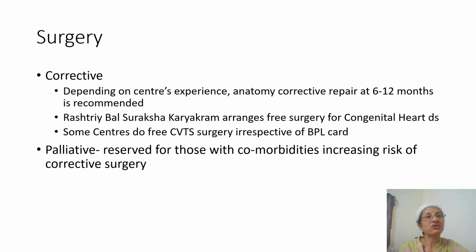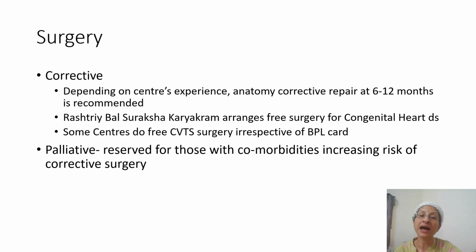Now, this is a structural cyanotic congenital heart disease, tetralogy of Fallot, and the definitive management is surgery. There are two types of surgeries though. One is the corrective surgery, which is the definitive management, and second is the palliative surgery. There may be some children who have certain comorbidities due to which they become very high risk for corrective surgery.